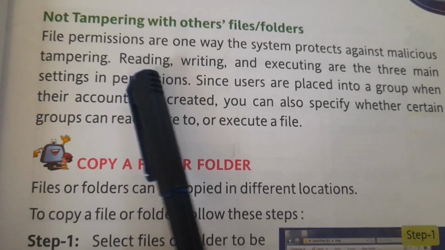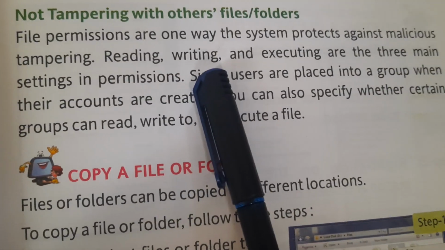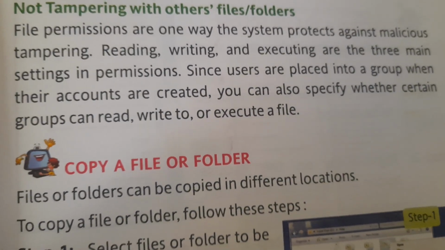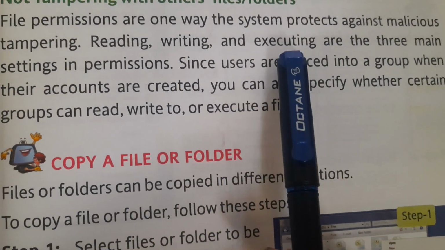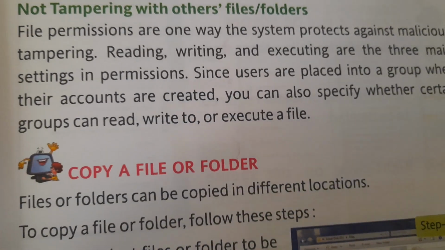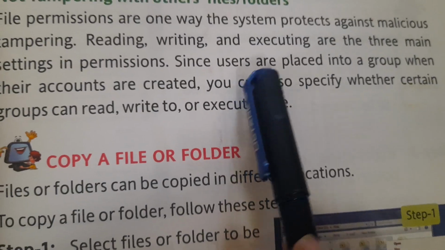These are the three types of permissions. First is reading. We can just allow the people to read. We can allow the people to write, only a few people whom we can trust, or who are concerned with that file. And executing means running the file. When some installation is going on, at that time we need to run the file and that is called executing.